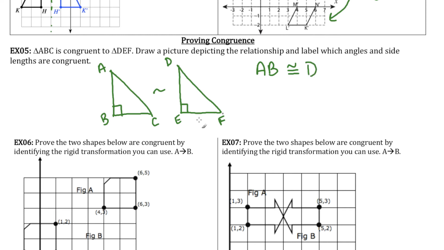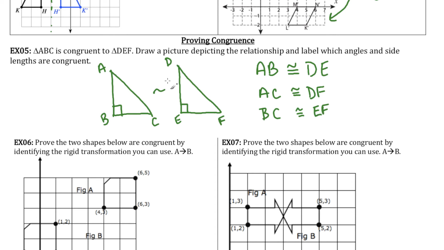I want to put it in the same order. AC is congruent to DF. BC is congruent to EF.